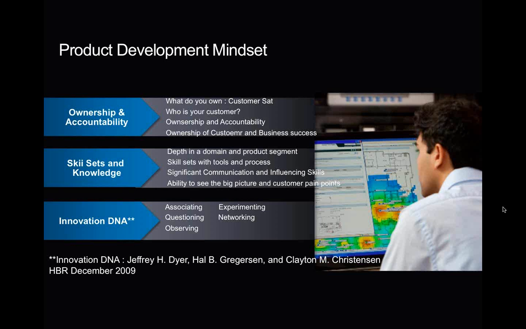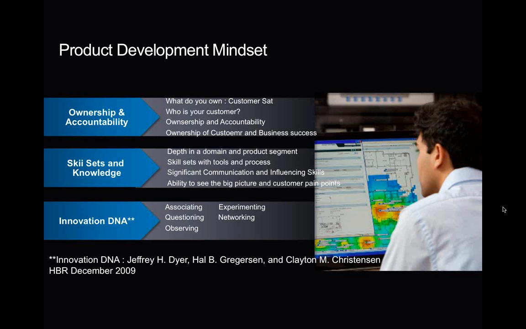But it is very, very important for your organization or you yourself to have a significant amount of depth in what you're doing, right? Because if you're going to build a world-class product, you really need to be best of breed in what you do, be it software engineering processes, hardware engineering processes, or specific technologies. Whatever it may be, you really need to be the best and have that skill set.